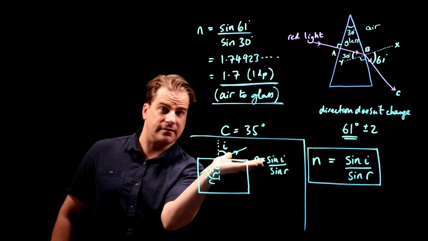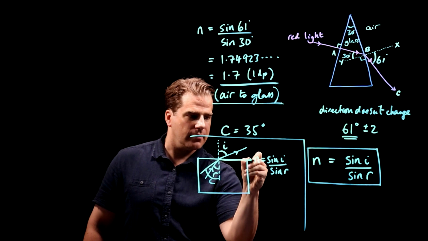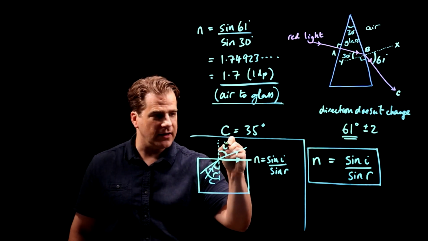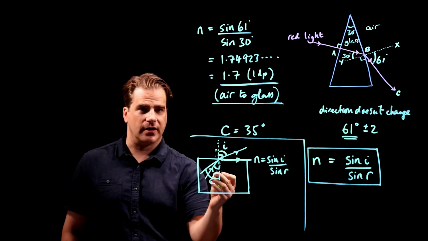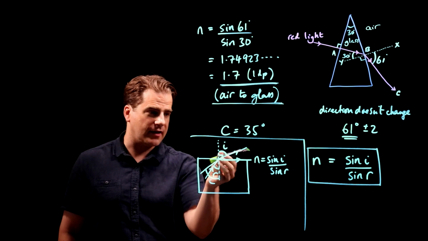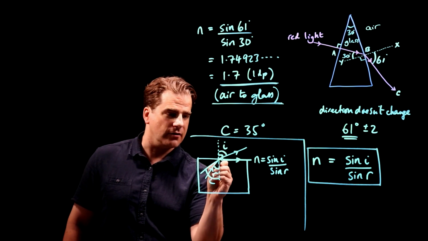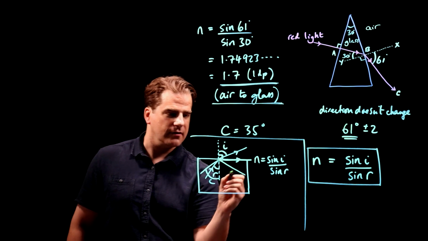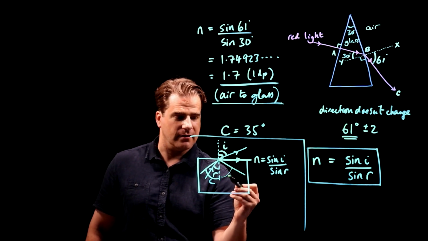It comes down here and hits the surface of the glass and will be going in that direction when the angle of incidence is 90 degrees. Okay, so that's the critical angle. When that starts happening, it actually starts getting totally internally reflected. It reflects off this surface at the same angle, so that would also be C.